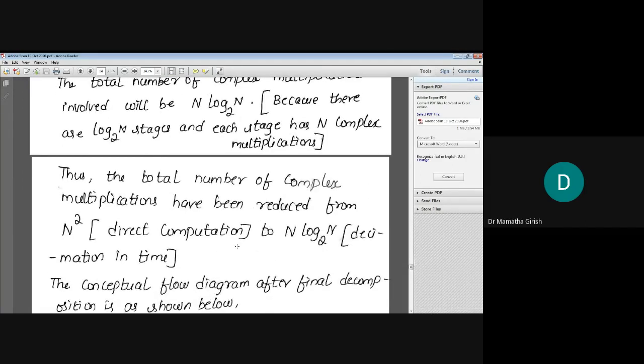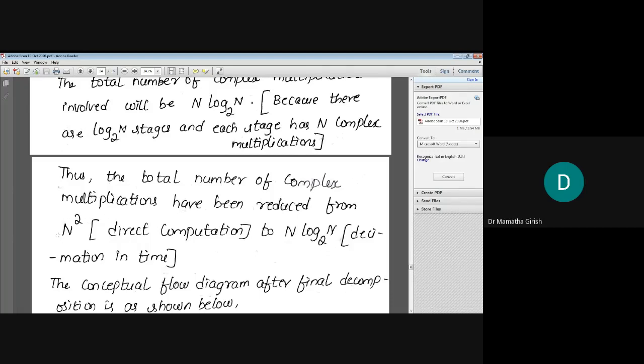So we can verify that by using this DIT-FFT algorithm, the total number of complex multiplications has been reduced from n square to n times log n to base 2. To take a small example, if it is an 8-point DFT and I go for direct computation, the total number of complex multiplications is 8 square, 8 eights are 64.